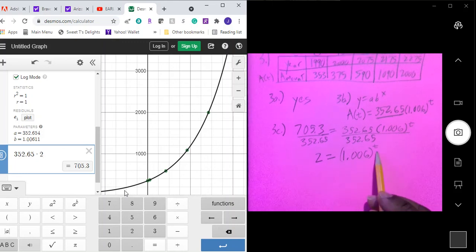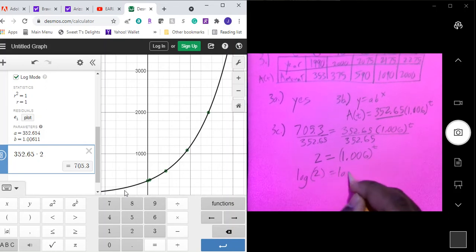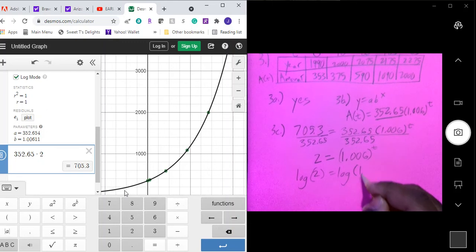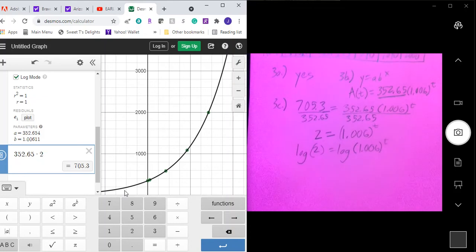Because we want to get t by itself, I would do log of 2 is equal to log of 1.006 to the t power. Now remember, one reason why we could put a log on both sides is based on the golden rule of algebra, which states that what you do to one side, you have to do to the other side.